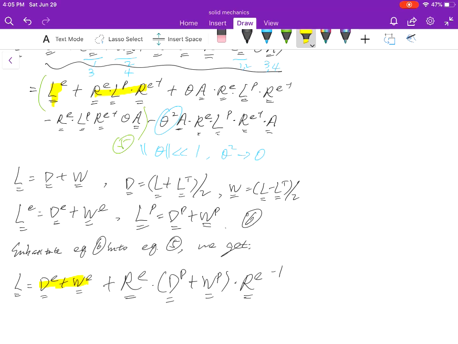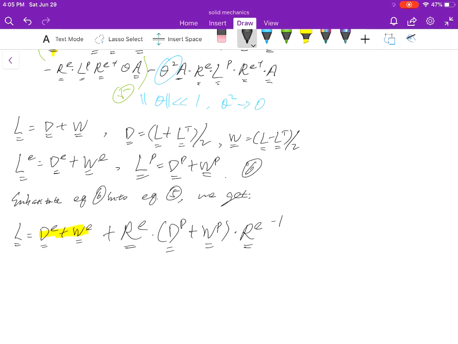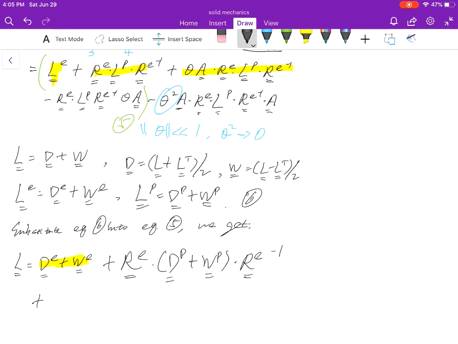And the third one is this one. Let's write this out. The third one is theta, RE LP equal to DP plus WP, RE inverse, this inverse.